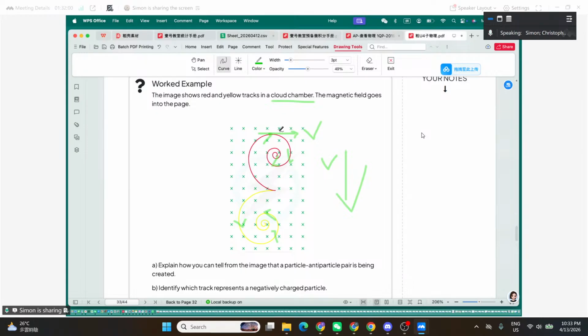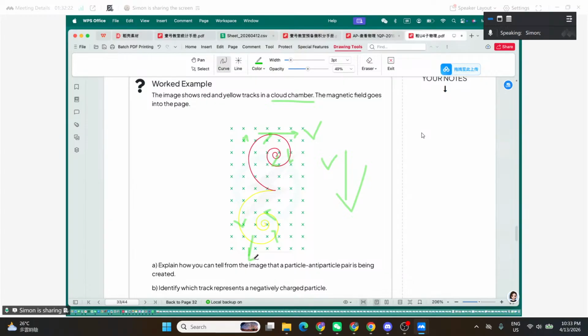Negative. Why is it negative? Because when you use Fleming's left-hand rule, the force points upwards, but it's going downwards, the opposite direction. So this one is negative, and this other one is positive.